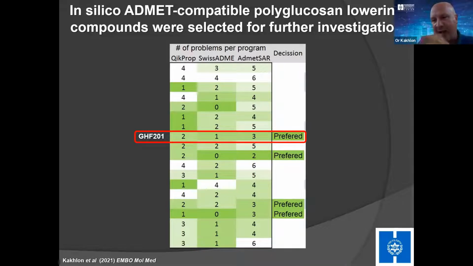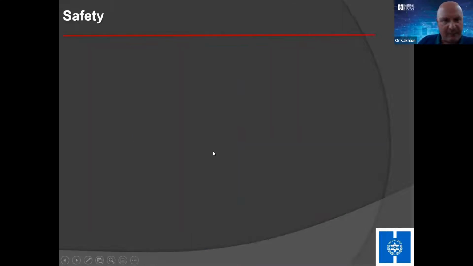So there are some criteria that the chemists or computational chemists can discover in silico. And you can see in this heat map, the more green, the more preferred the molecule. As you can see, on average of three different algorithms, GHF201 is a preferred hit.